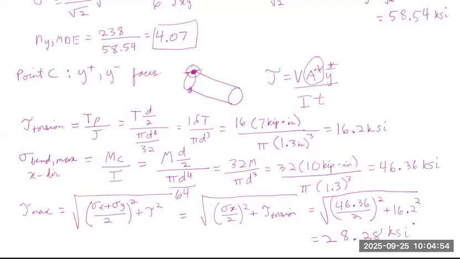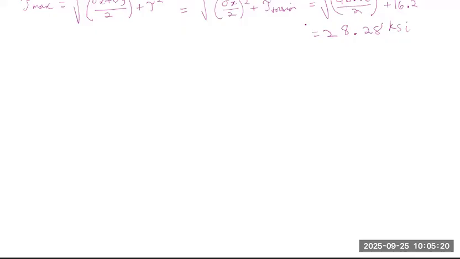Now we use this tau max value to calculate our factor of safety for maximum shear stress theory and maximum distortion energy theory. So again, for maximum shear stress theory, we have that the factor of safety is equal to SY over 2 tau max.